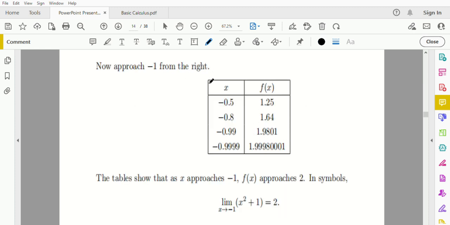And as x approaches negative 1 from the right, again, it approaches 2. So the table shows that as x approaches negative 1, f of x approaches 2. In symbols, we have this: the limit of x squared plus 1 as x approaches negative 1 is 2.